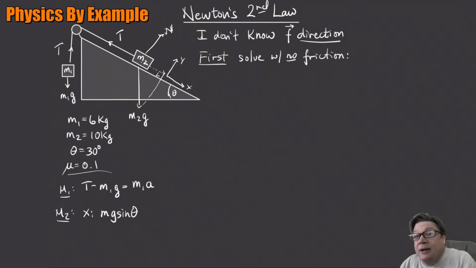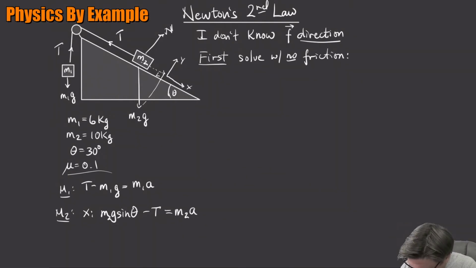It's the component of gravity acting down the plane, so that's going in the positive x direction. In the negative x direction, I got T. So mg sine theta minus T, and that's it, right? Because no friction right now. So this had better be equal to, oops, that's m2, m2a. Okay.